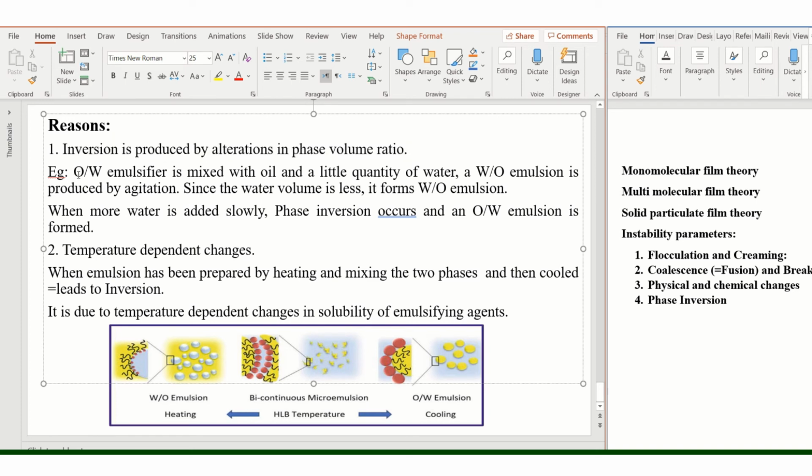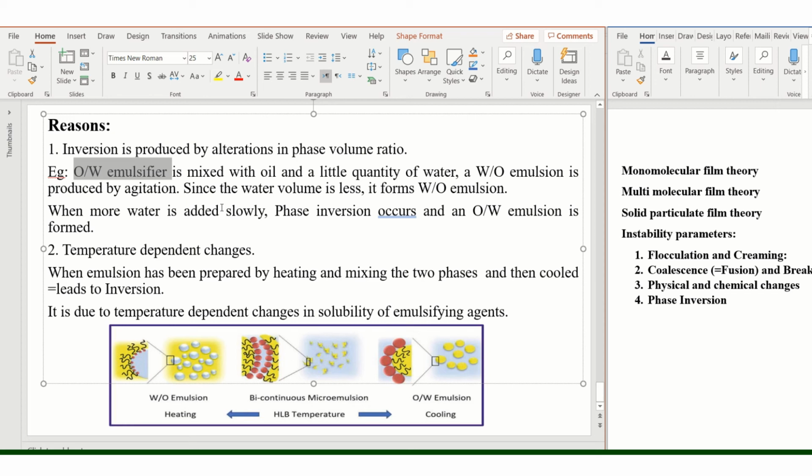For example, if we take an oil in water type of emulsifying agent, and this agent is mixed with oil and a little amount of water. Whenever you come across an oil in water type of emulsifying agent, which type of emulsion would it support? Obviously, oil in water, right? So when you mix this emulsifier with the oil and water, of course it will form oil in water.